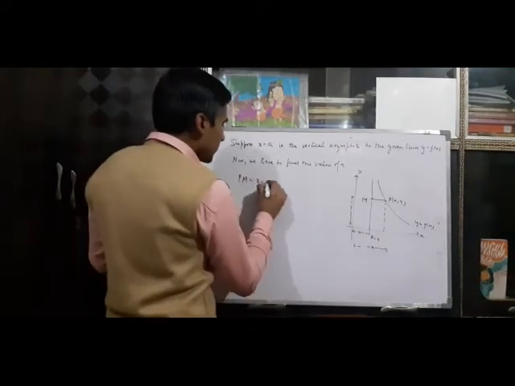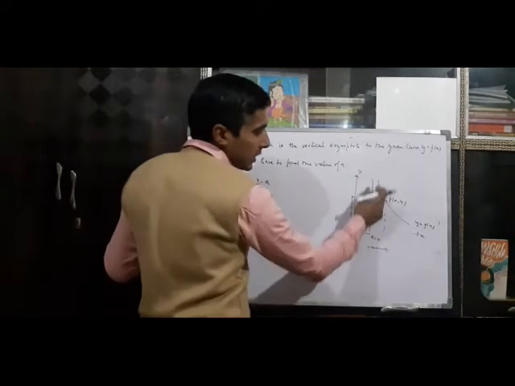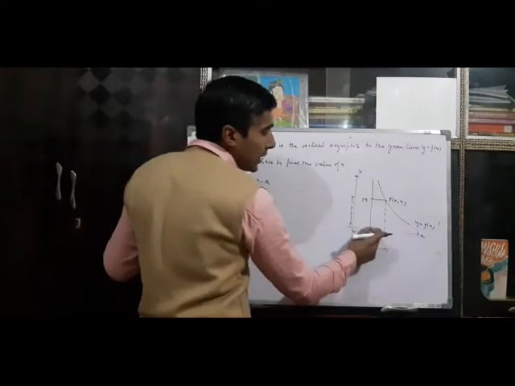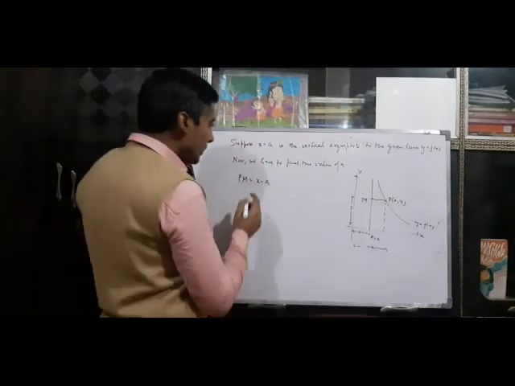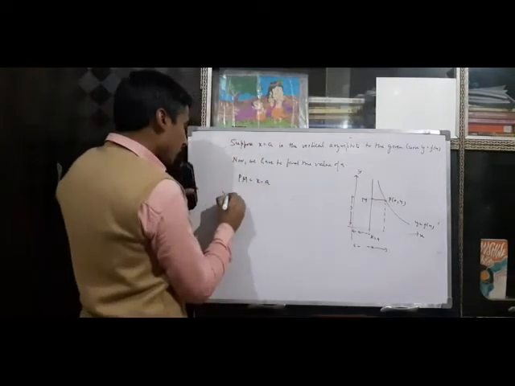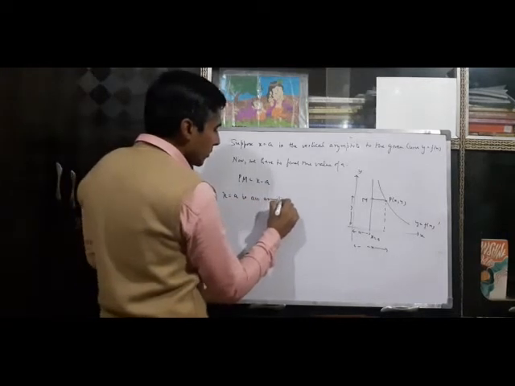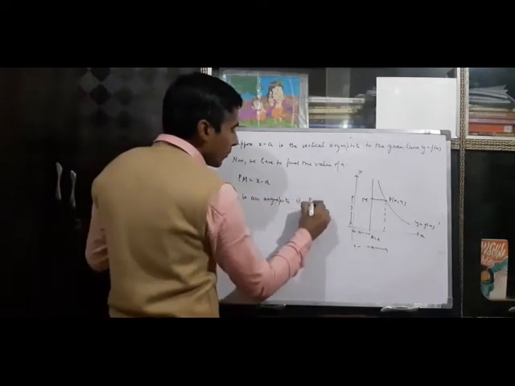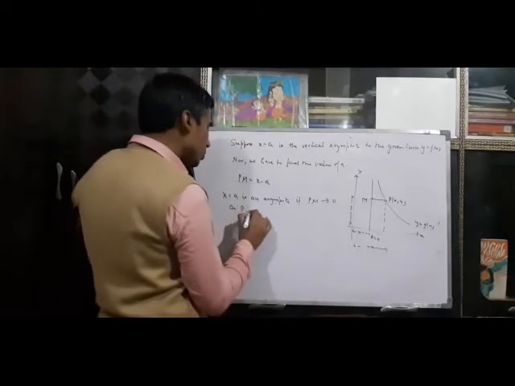Now the distance PM is x minus a. By the definition of an asymptote, this line is an asymptote if it touches this given curve at infinity. That means x equal to a is an asymptote if PM tends to 0 as P tends to infinity.